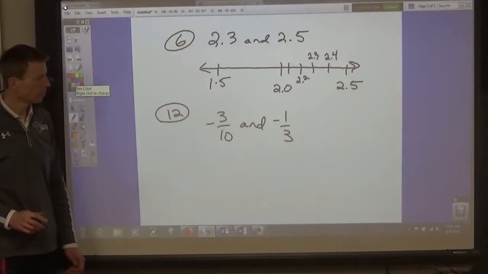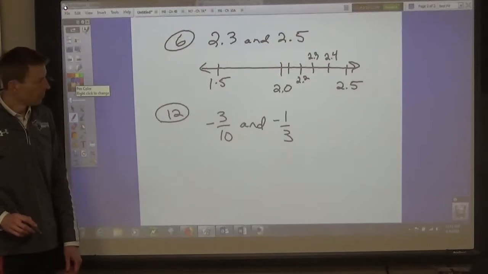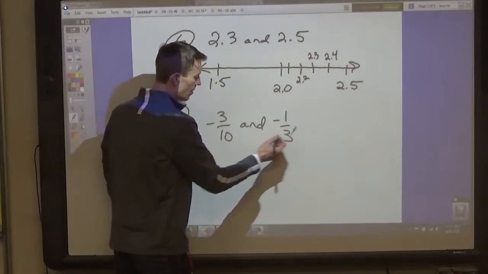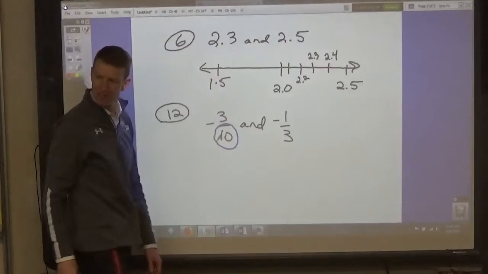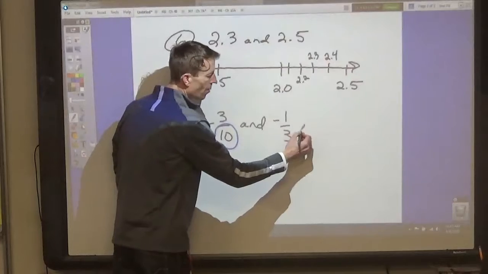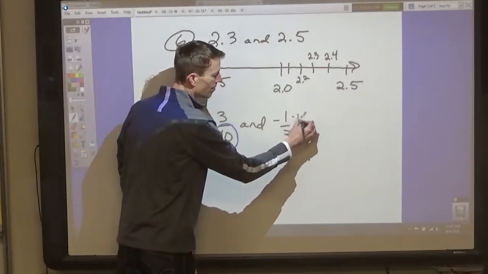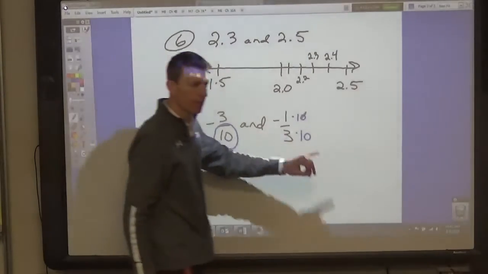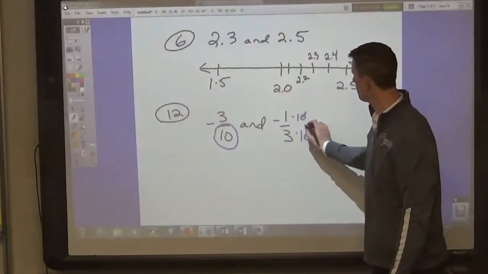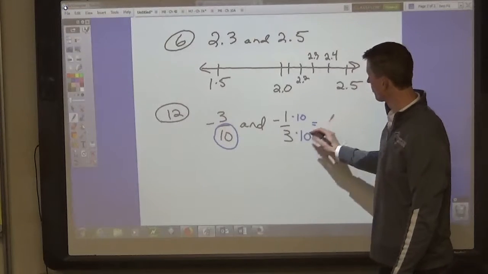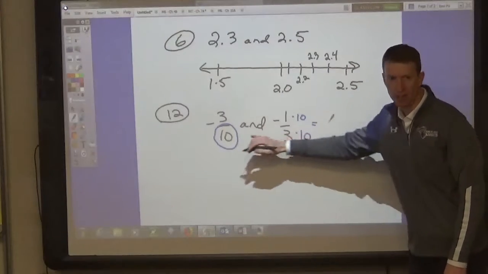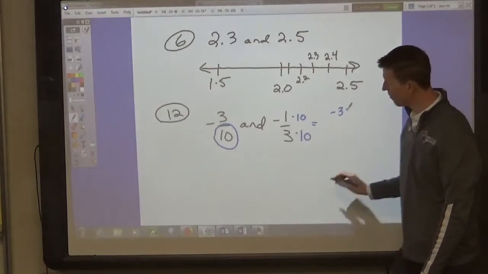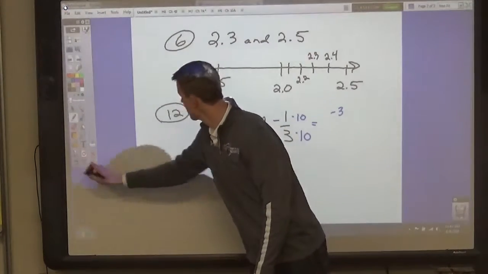You could make one third go up to 4/12. But we have tenths. Oh! So let's convert it to tenths. I don't know how to do that. Oh. So we can find an equivalent fraction. I'm sorry, change it to 30ths, so that we have the same denominators. This is -10/30ths.